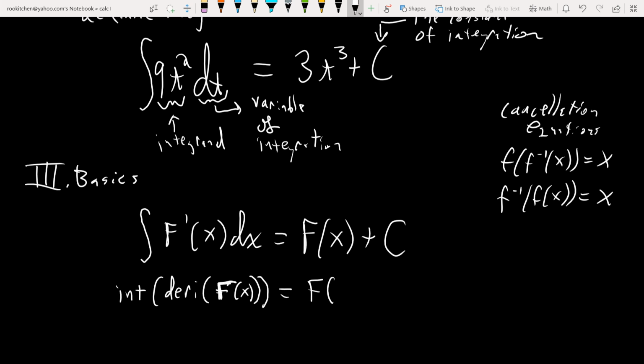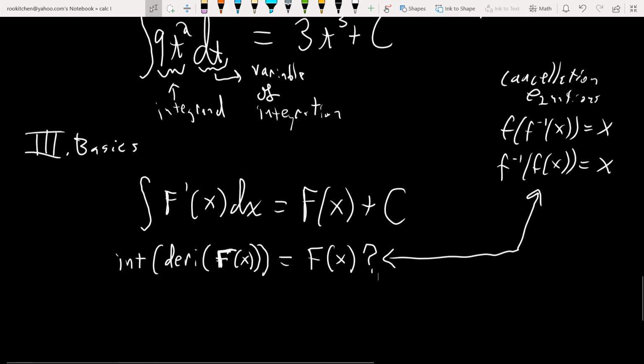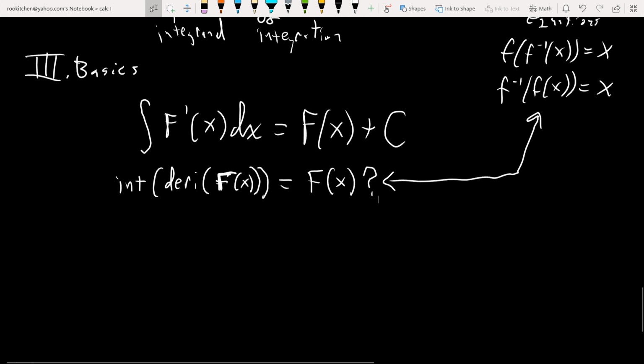You would think maybe it's just big F of x because of the cancellation equation idea, but that's not true because when you do an integral, you can't necessarily tell where that thing came from. It may have been plus 5 on the end of it.